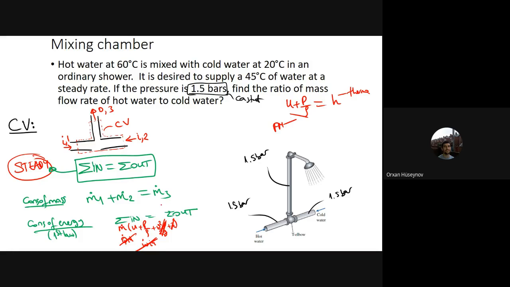Therefore, if you write the conservation of energy, you will have m dot 1 enthalpy 1. This is always an open system. Plus m dot 2 enthalpy 2 will be equal to m dot 3 enthalpy 3.